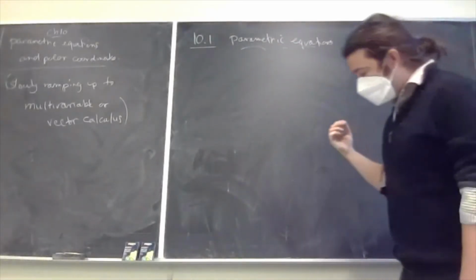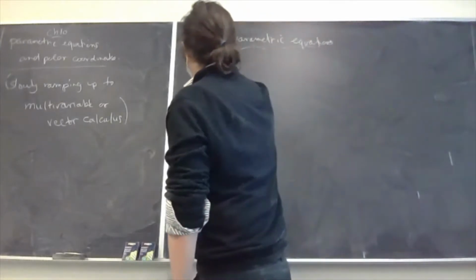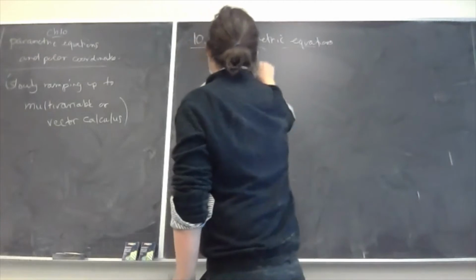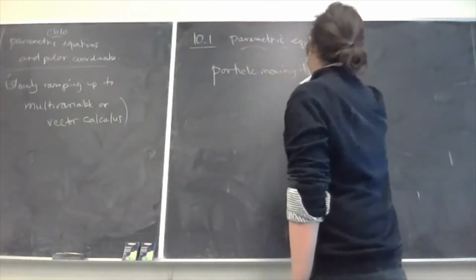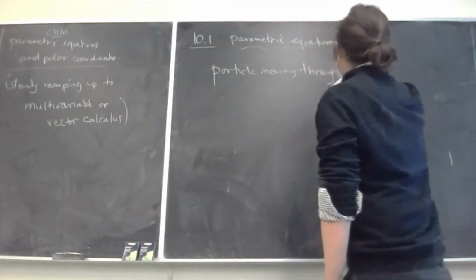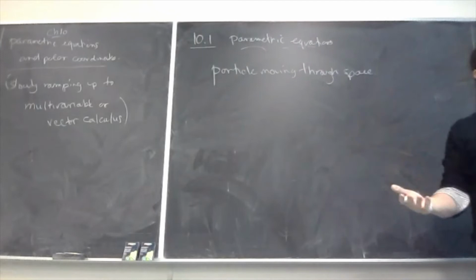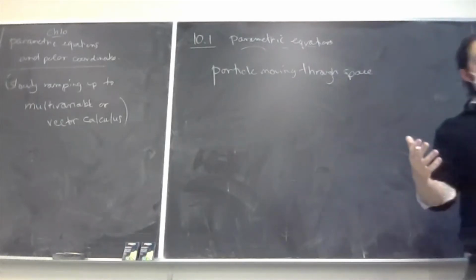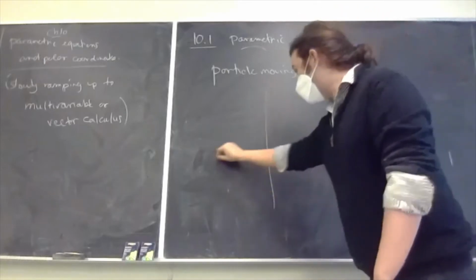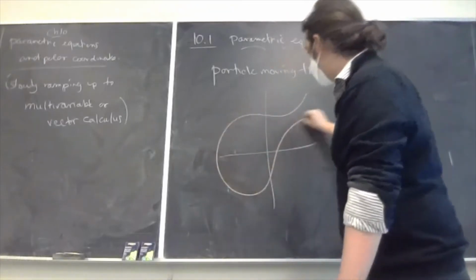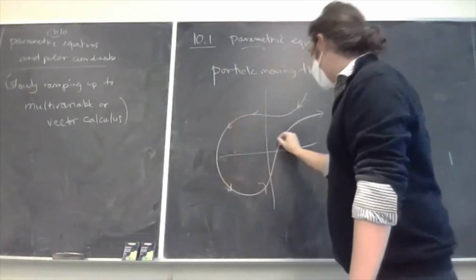The original idea is, imagine you've got a particle moving through space. You can imagine an electron in an electric field or something like that, which traces out a curve that it travels on. The path that it takes is a curve. So the particle travels along and it traces out some curve.